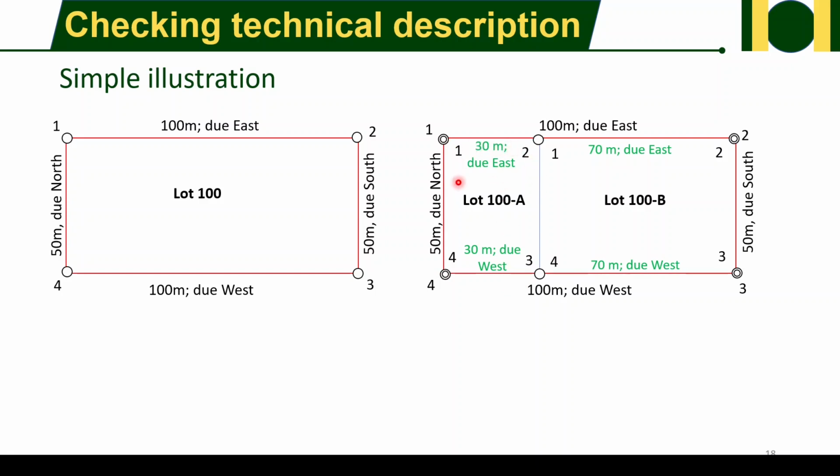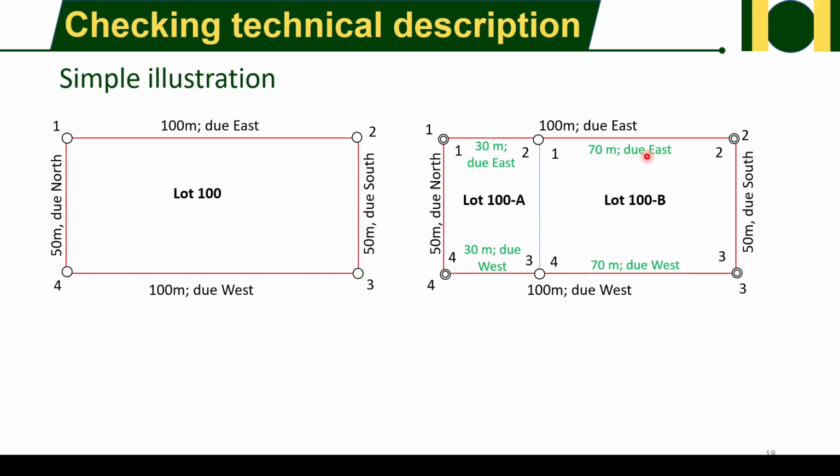So meaning to say, if this is 30 meters, then the distance from corner 1 to 2 is also 30 meters. And this is also 30 meters because the example here is a regular rectangle. So if this is 30 and this is 100, of course now it should be 70 due east.